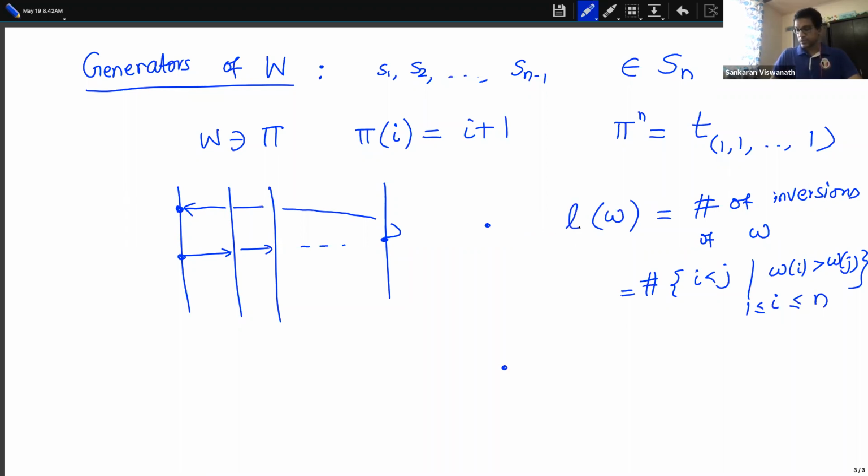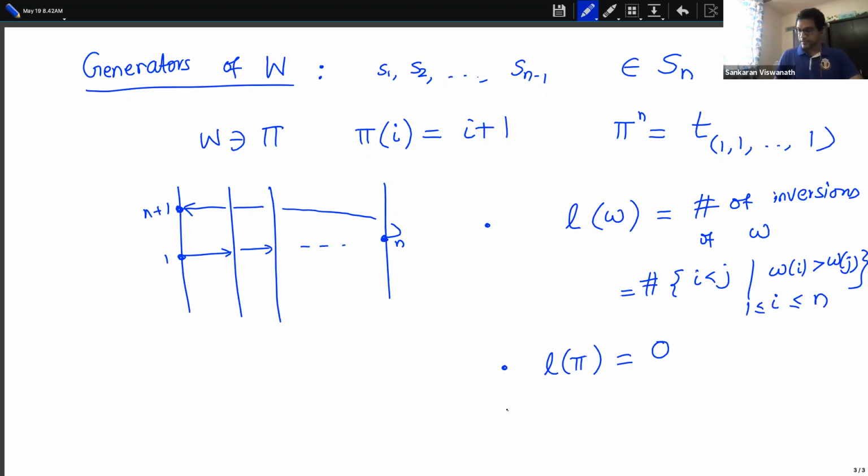So observe now, the length can be any non-negative integer, 0 or positive. In particular, the element pi has no inversions because this last element n is actually mapping to n plus 1. So if you look for inversions, you will see that there aren't any. So the length of pi is in fact 0.